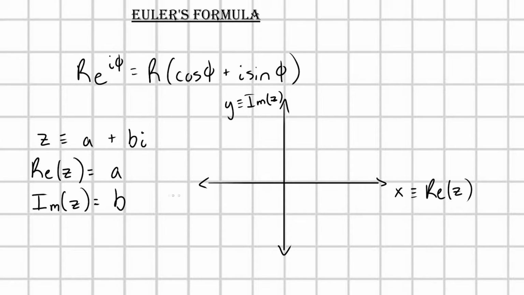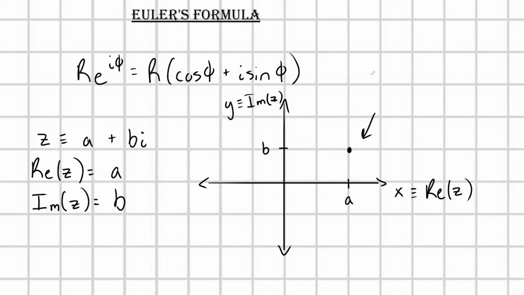And of course, with this definition of the real and the imaginary component, it becomes a really trivial exercise to represent this complex number graphically. I can simply go out some distance a in the x direction, and then I go some distance b in the y direction, and there we go.